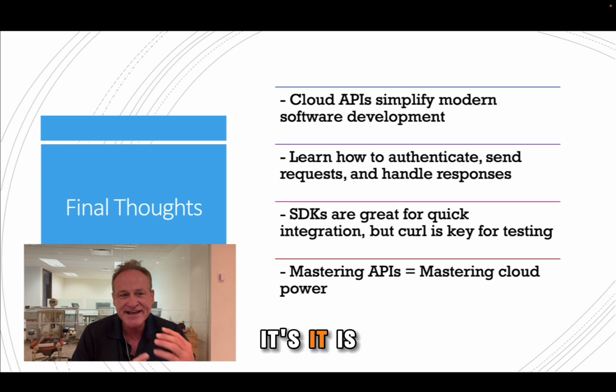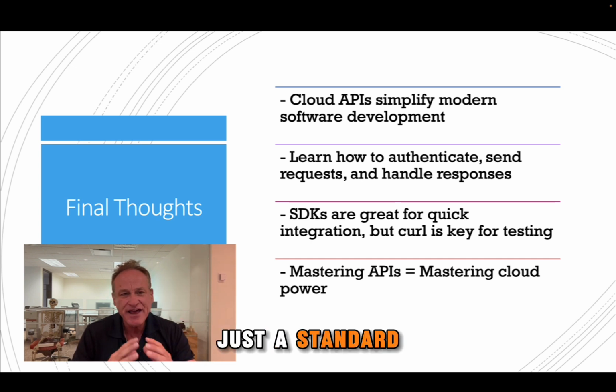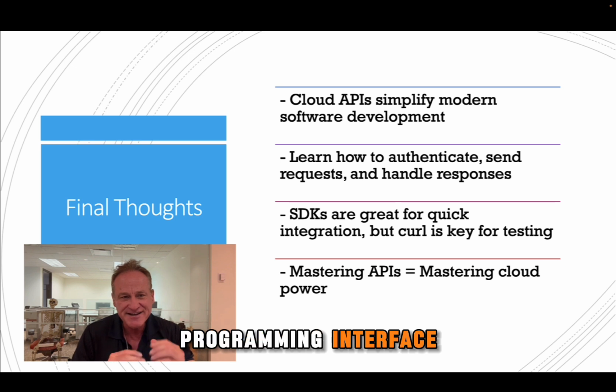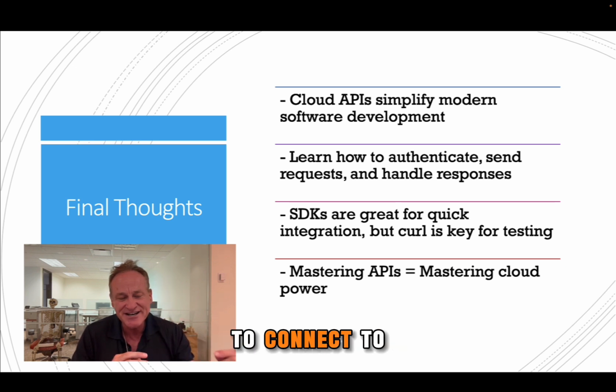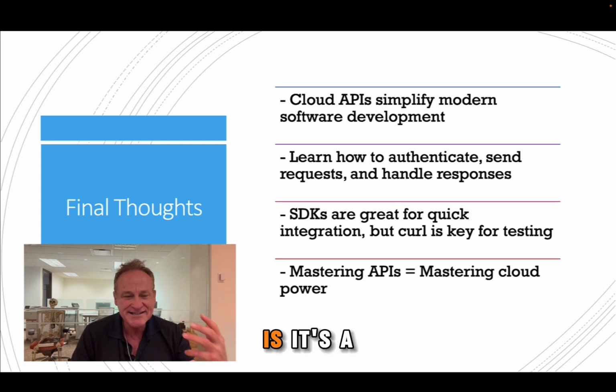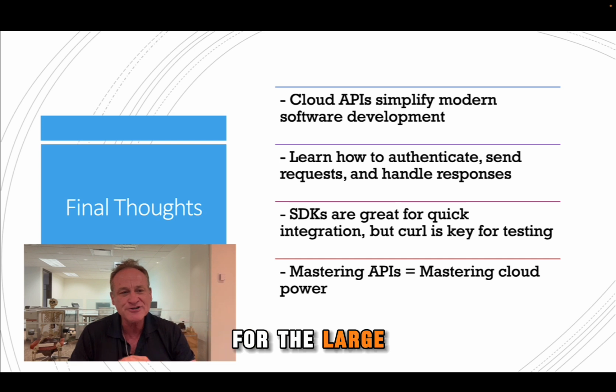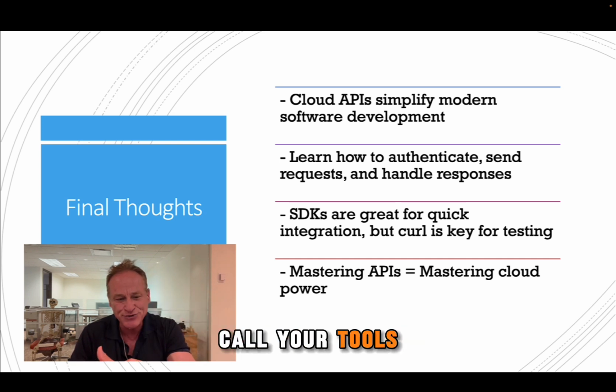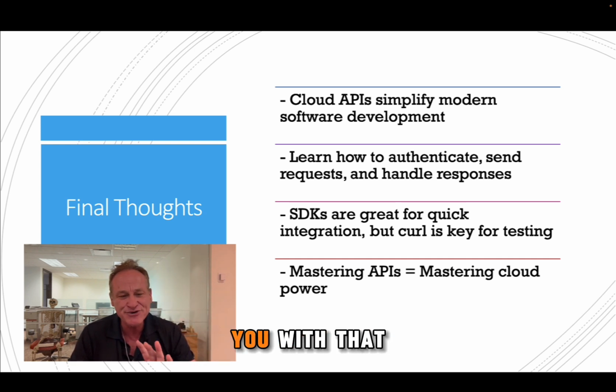It is just a standard application programming interface that allows you to connect to your LLMs from your tools. The difference with MCP is that it's a way for the large language models to call your tools. I hope I didn't confuse you with that last part.